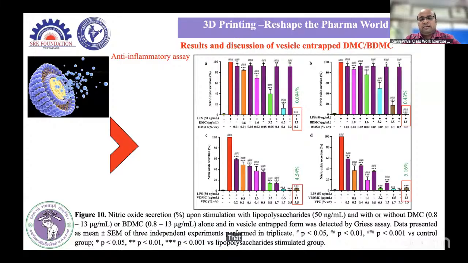That is, at 13 microgram per mL, it can reduce the nitric oxide secretion. While when it comes to bis dimethoxy, it was almost to zero, similar to control cells, the results were obtained.